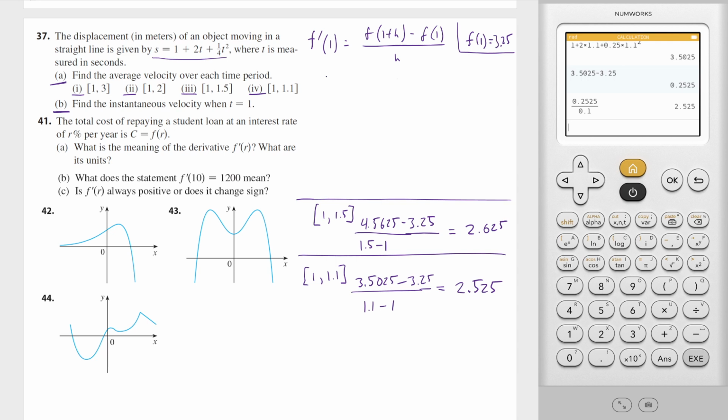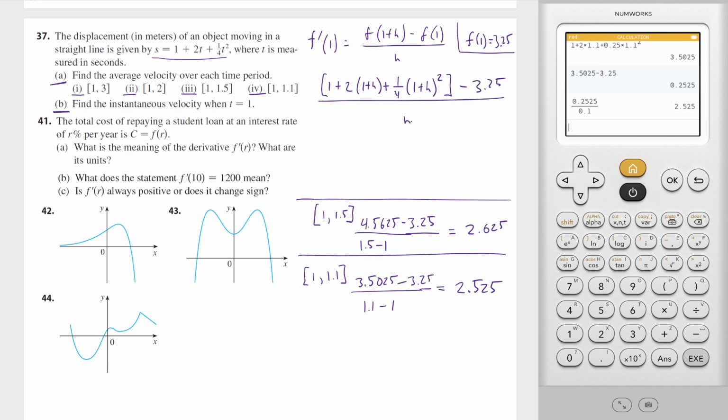So let's see. I have 1 plus 2 times 1 plus h plus 1/4 times 1 plus h squared minus 3.25.